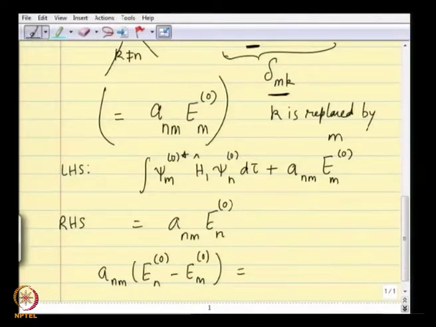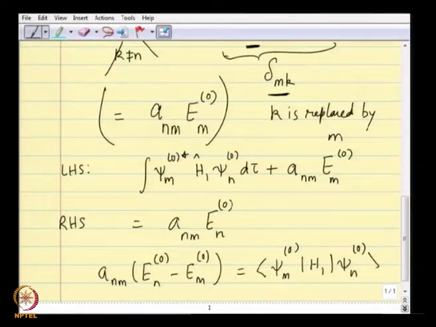We will write using the Dirac notation, namely integral psi m 0 h1 psi n 0.